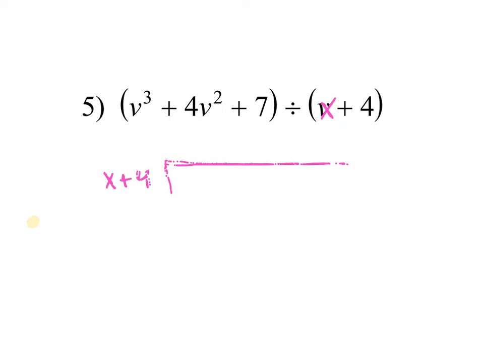So we have x cubed, x squared. Do we have the x all by itself? No. So we need to put in here a 0x. And then we have a number, so we're good there. So we have x cubed plus 4x squared plus 0x plus 7.